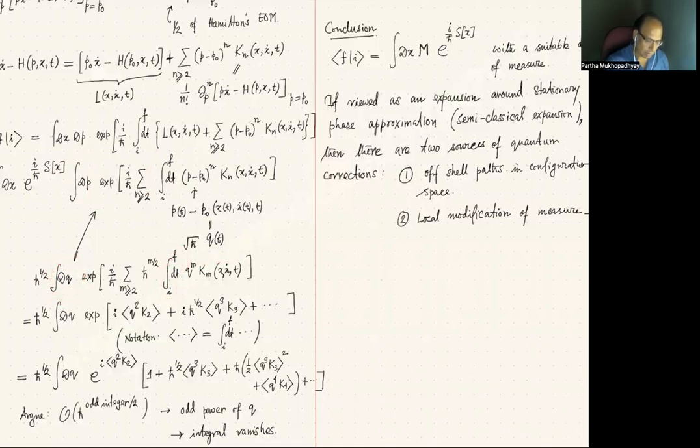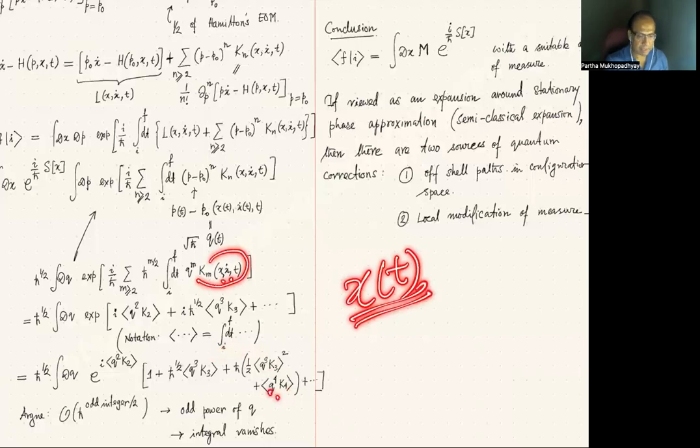So this is the x integral. Within the x integral, this entire expression sits, and any typical term has a q integral, but also this bracket which is a t integration. The k's are functions of x dot and t. X is a path, so that is within the t integral.